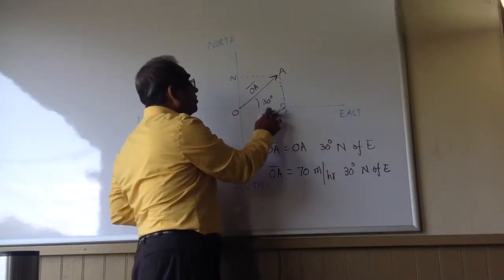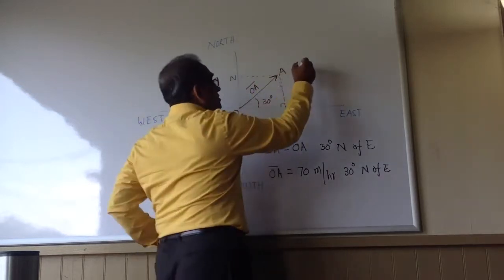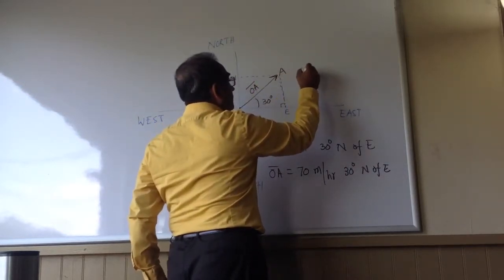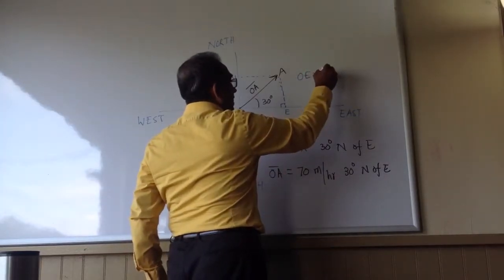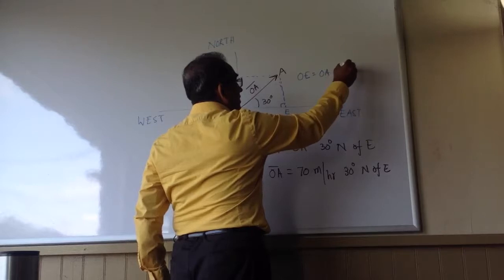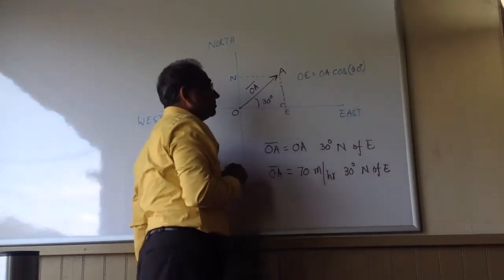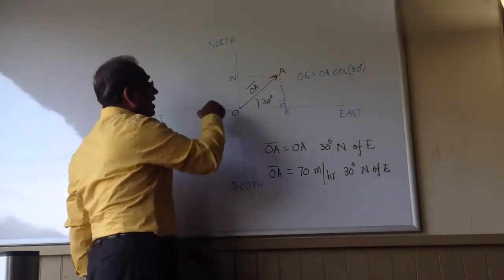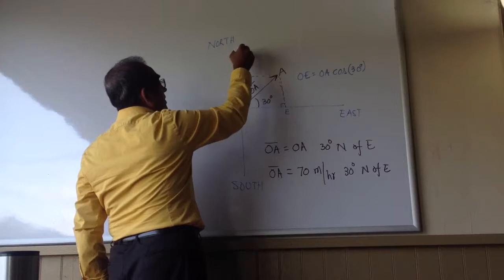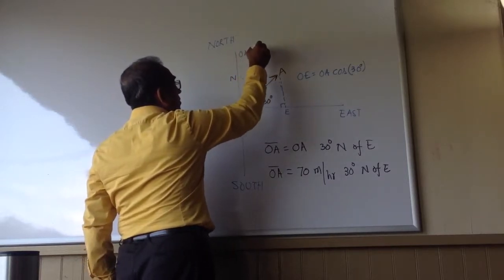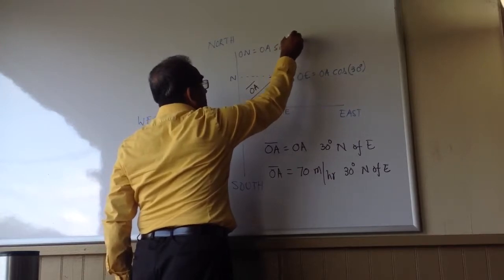Then this component OE can be represented in terms of the length of OA. So OE equals OA cosine of 30 degrees. Similarly, ON is equal to how much? ON equals OA sine of 30 degrees.